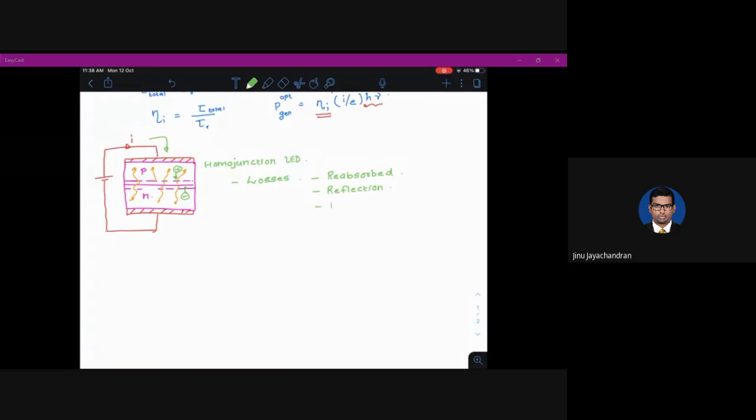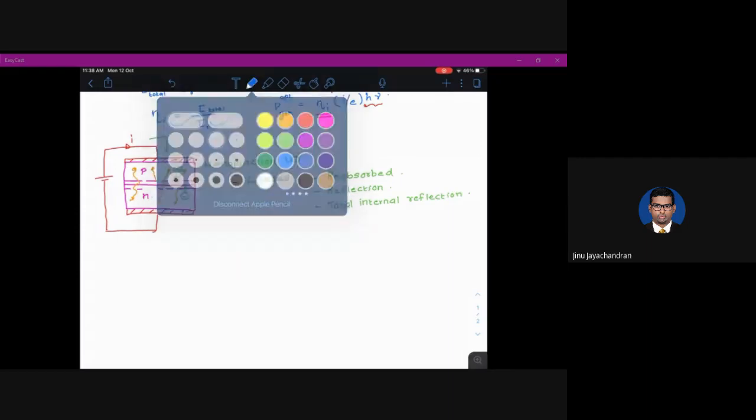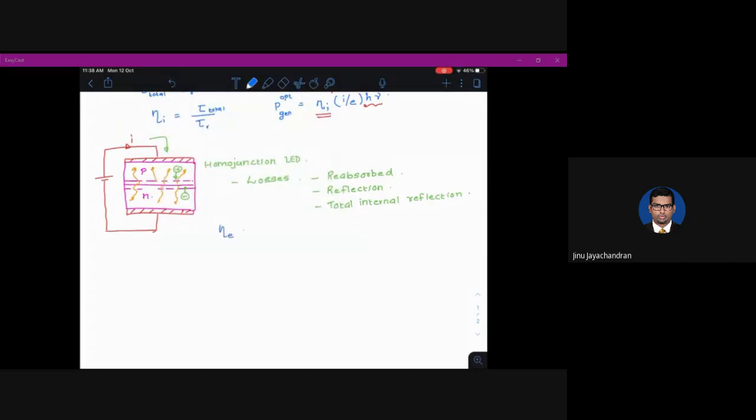Or there can be total internal reflection, which will not allow the light to go out. All these parameters are there in the losses, so we'll see each one of them. Okay. So basically what I intend to say is there is another efficiency term called eta E, which is called the extraction efficiency.